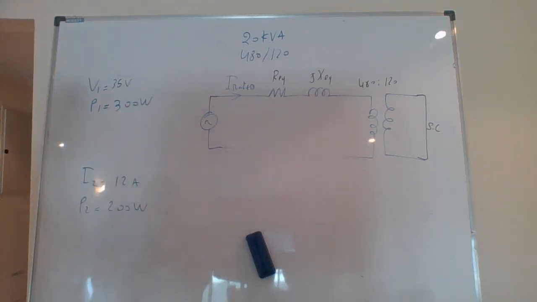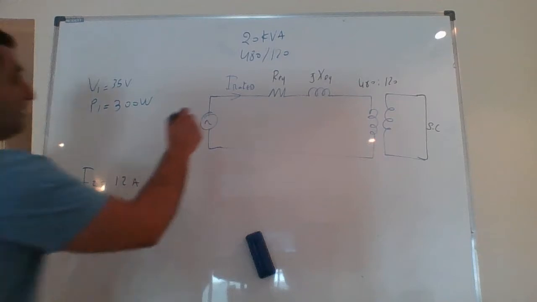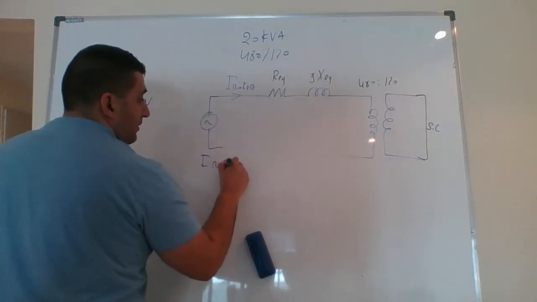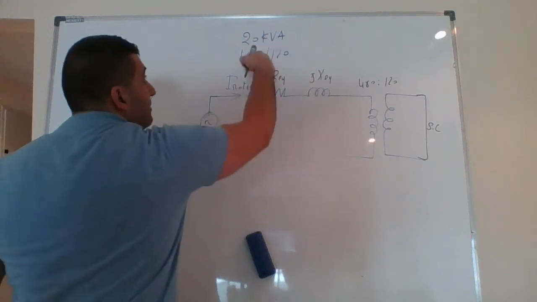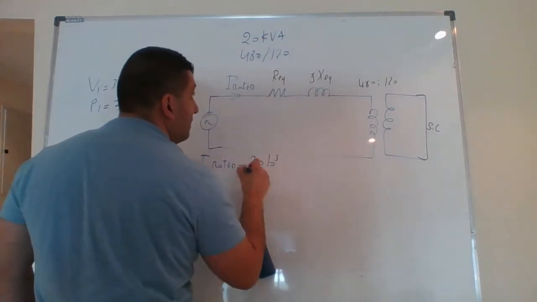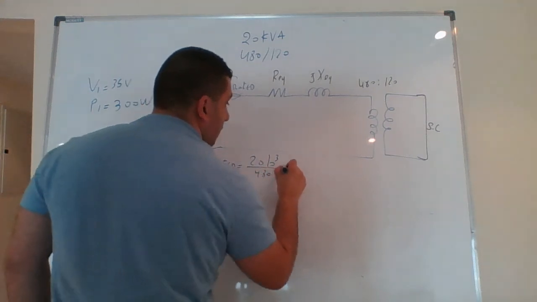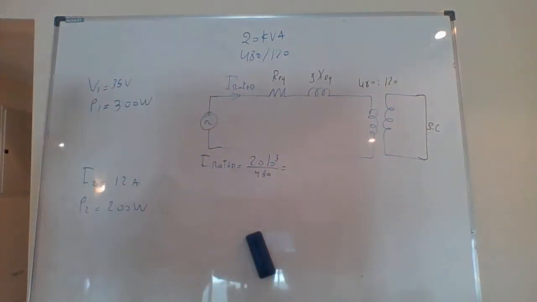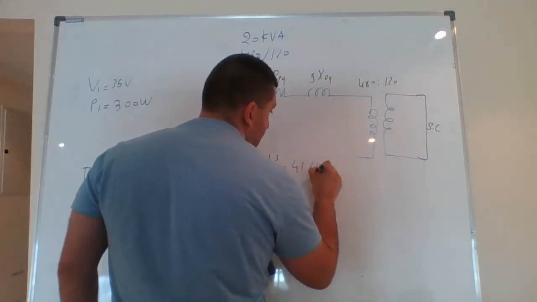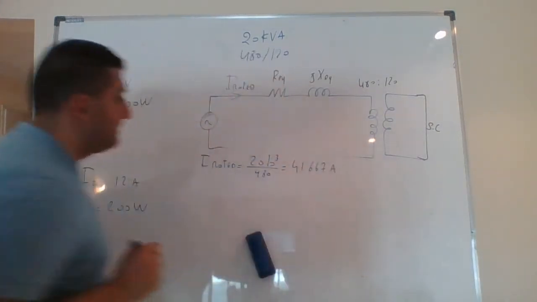So the rated current magnitude, I rated, is equal to 20 times 10 to the 3 divided by 480. The answer will be 41.667 amp.